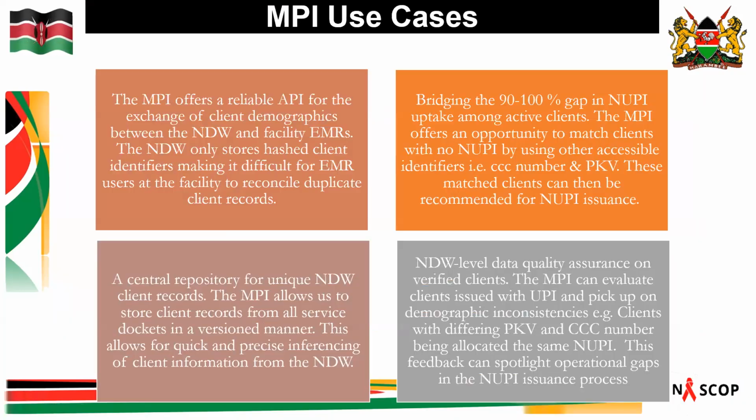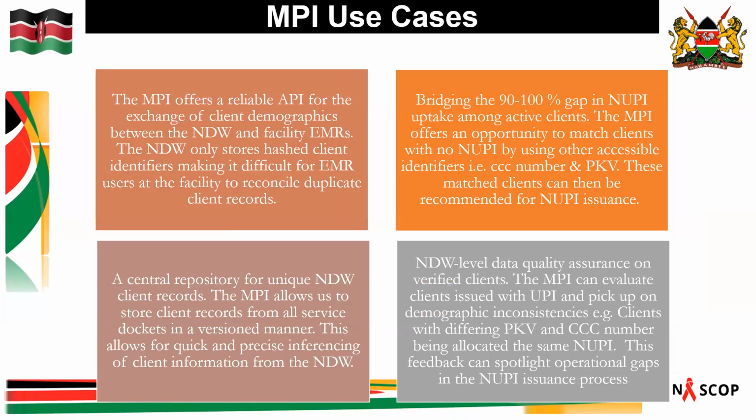So I think we mentioned that we have an MPI that we have deployed within our national data warehouse. These are some of the use cases that we found for deploying this. Number one is to act as a central store for the client records that we receive from facilities and other sources. It allows us to ideally hold all the data from the different program areas in one central location.